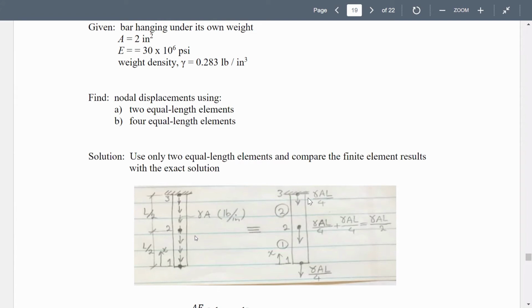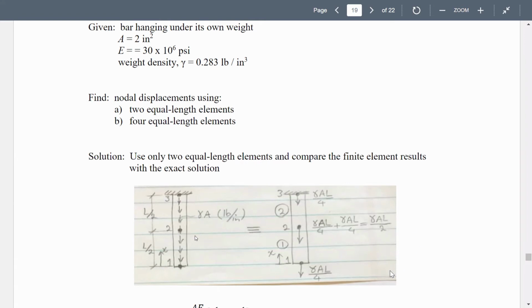Gamma A L over 4 goes to this node, gamma A L over 4 goes to this node. So it adds to the previous one, making it gamma A L over 2 for this node. So intermediate nodes always carry twice the load compared to those at the boundaries. This node is common to this element and this element, so it takes half from each side and makes it gamma A L over 2.